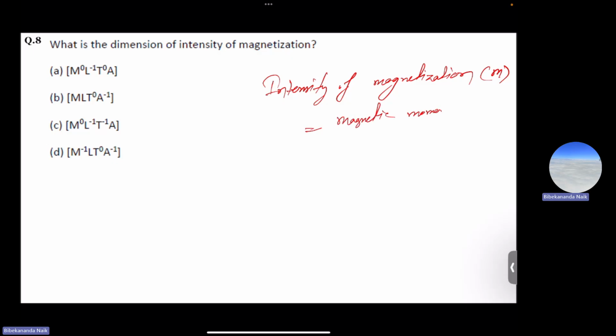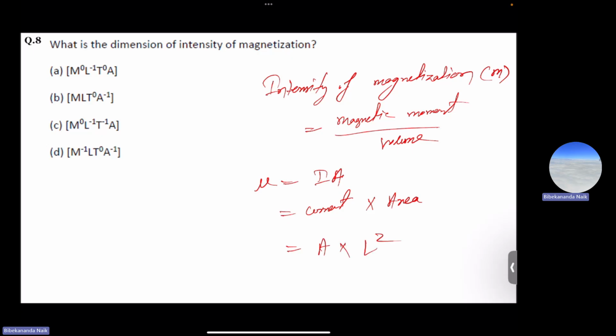Magnetic moment per unit volume, and magnetic moment is given by mu equals I into A. So the magnetic moment of the current loop is given by the current flowing through that loop and the area of cross section. So current into area. If you talk about the dimension, for I it is A and area it is L2. So that will be the dimension for the magnetic moment.